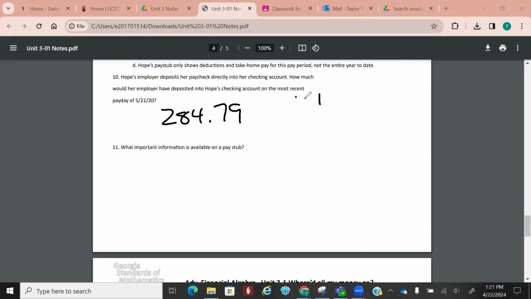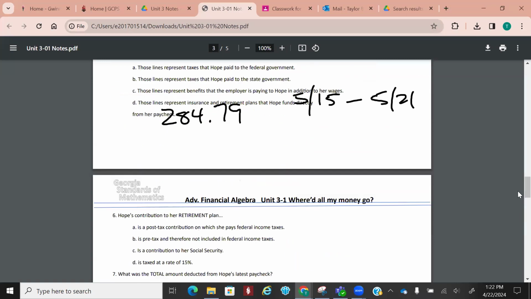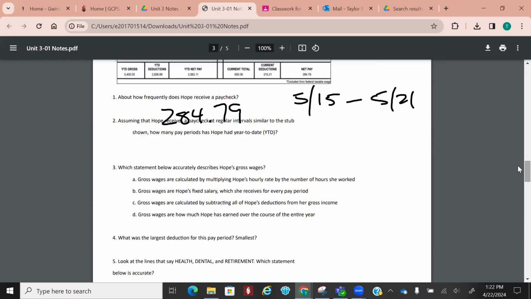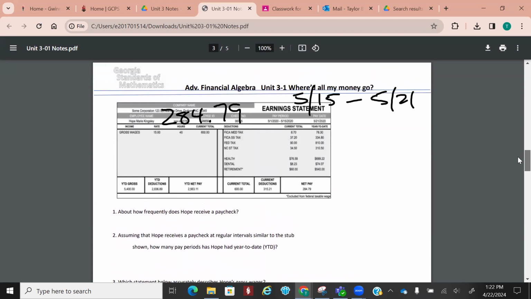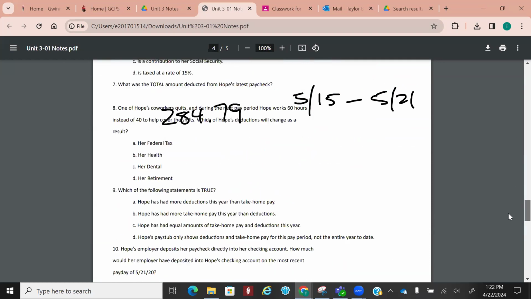So 5/15 was the last date to 5/21. So that's about half of her total pay. Go back to that pay stub to show you. Okay, so right here, the net pay is right here. So that would have gone into her bank account at that point.